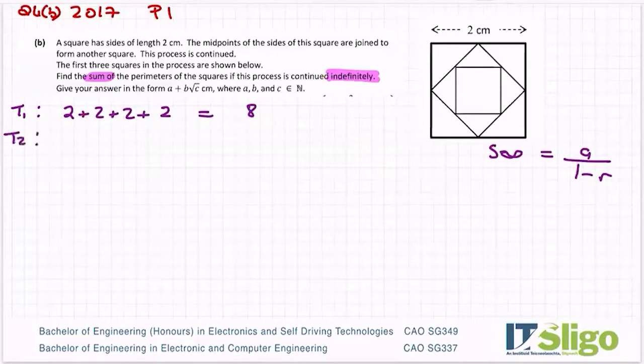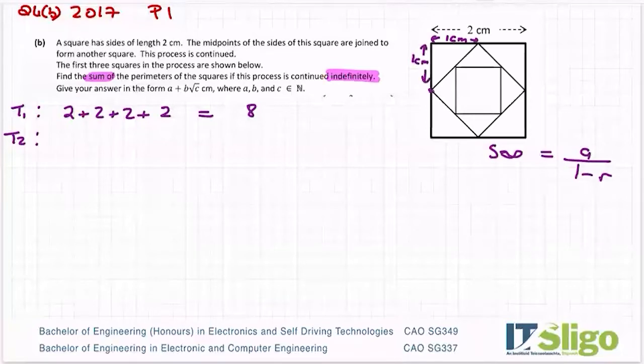Term 2. So term 2 then, it's a square, so I need to work out the length of this side here. Okay, so this is my second term inside. So if I get the length of a side, the other square is drawn from the midpoint, so therefore I can write down that this side here is 1 centimetre. And of course, so is this, because it's a square, okay?